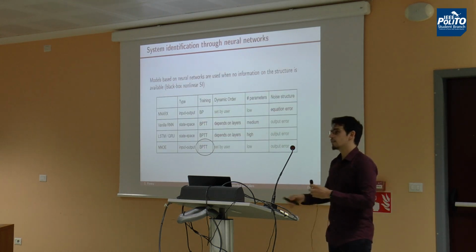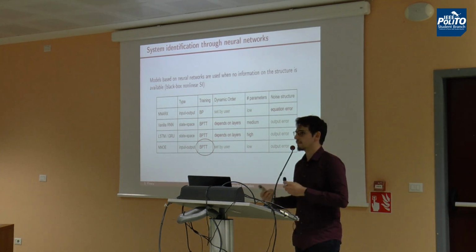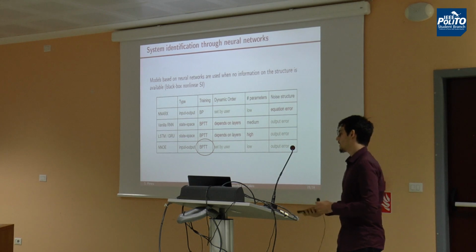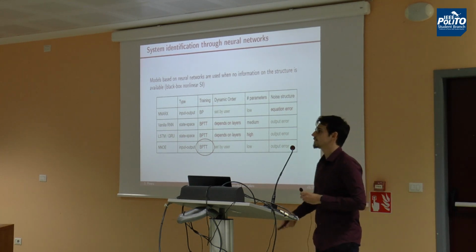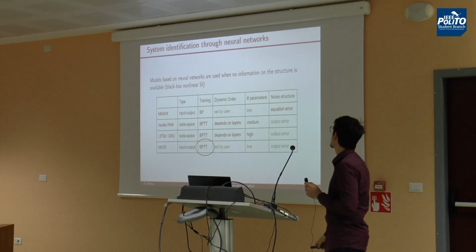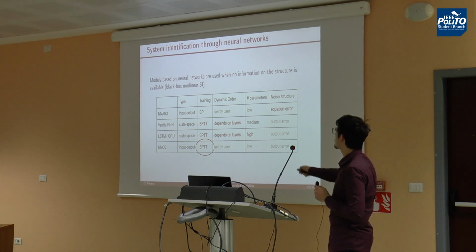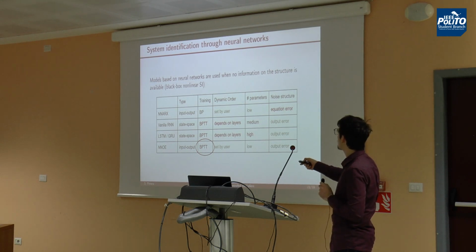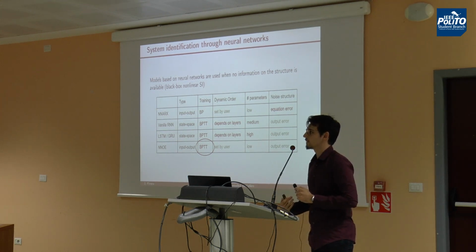Basically, when no information on the structure of this dynamical system is available, the most common and also reasonable approach is that of using some neural network-based structure in order to identify the model. And in this table, I reported a summary comparing the features of the most common neural network-based models which are used within this context.